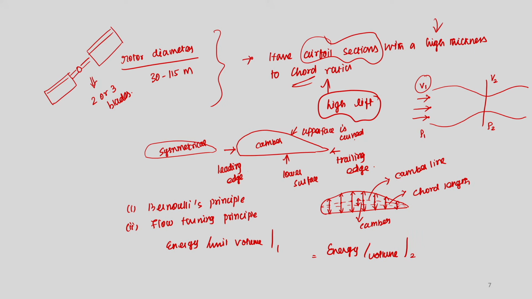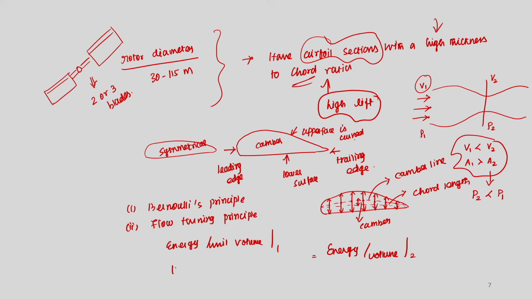If you see the area, V1 is less than V2, and A1 is greater than A2 because the area is reduced. So, based on this principle, the pressure at 2 should be less than the pressure at 1. This is what is called Bernoulli principle.